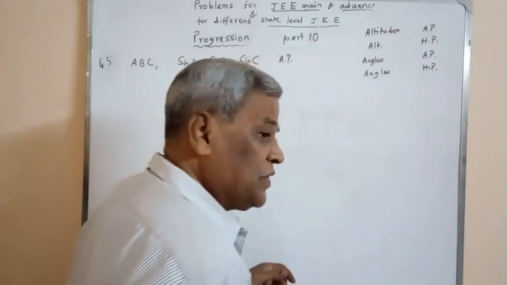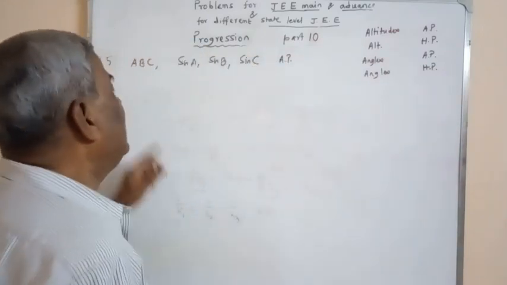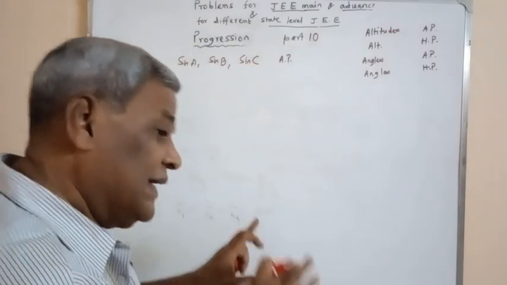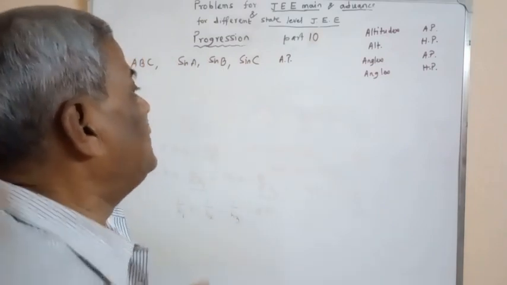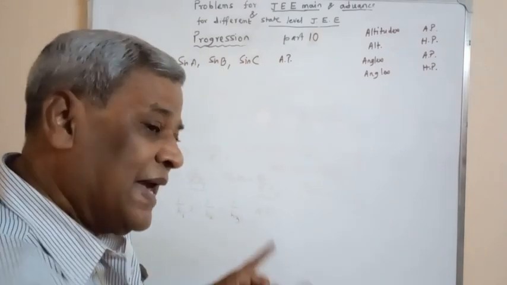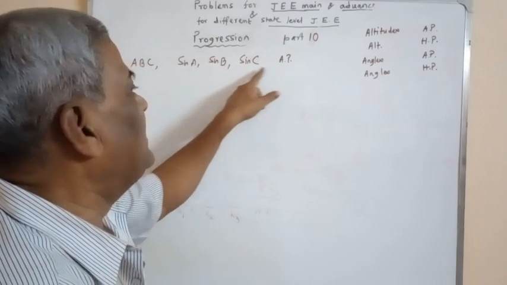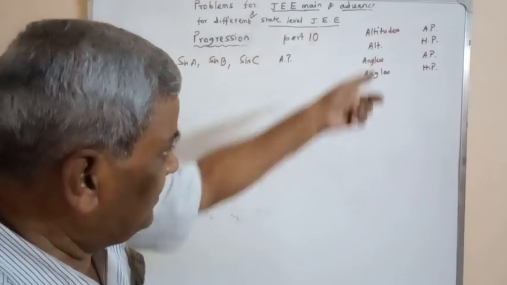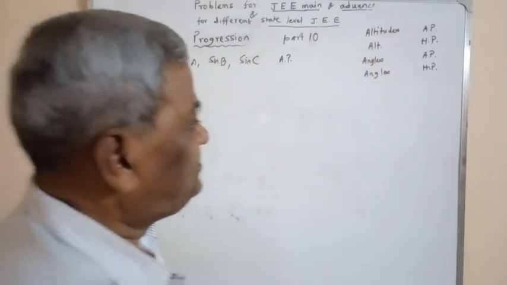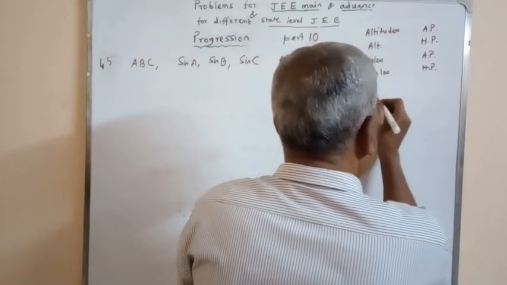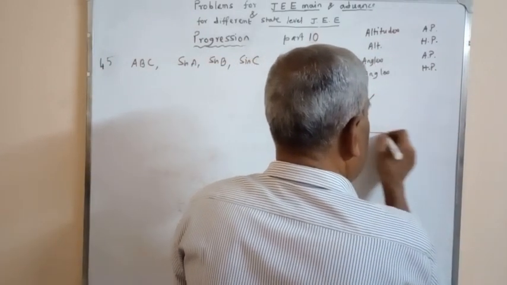So problem is very straightforward. In a triangle ABC, sine A, sine B and sine C are in AP, not the angles. Then which of the following are true? Suppose this is triangle ABC.